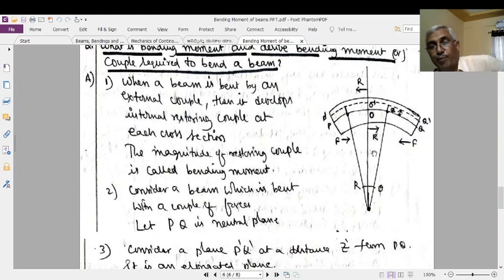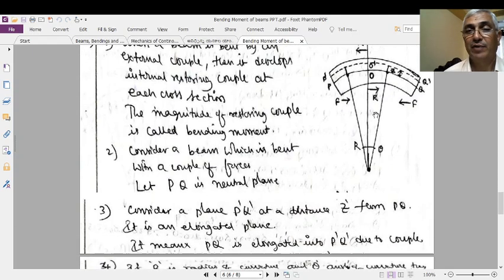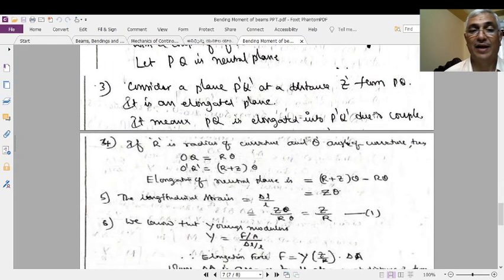Actually, before bending, all layers have the same length. Therefore, before bending, the P prime Q prime length is also equal to the PQ length. But after bending, the P prime Q prime layer is elongated.